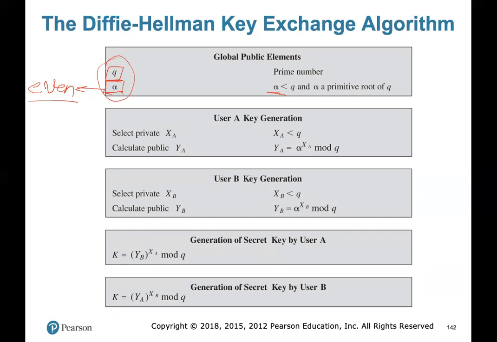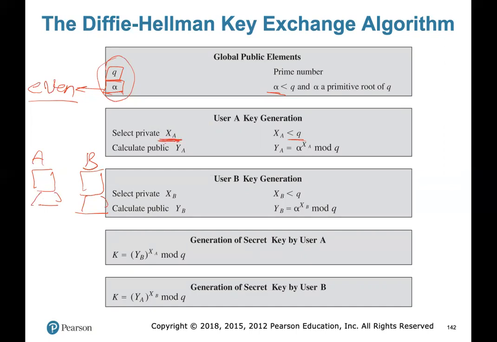It says select a private XA. We are talking about the Alice side. If you remember, we have 2 sides, Alice and Bob. Alice selects a number called XA, which is smaller than Q, and this is going to be the private key of Alice.